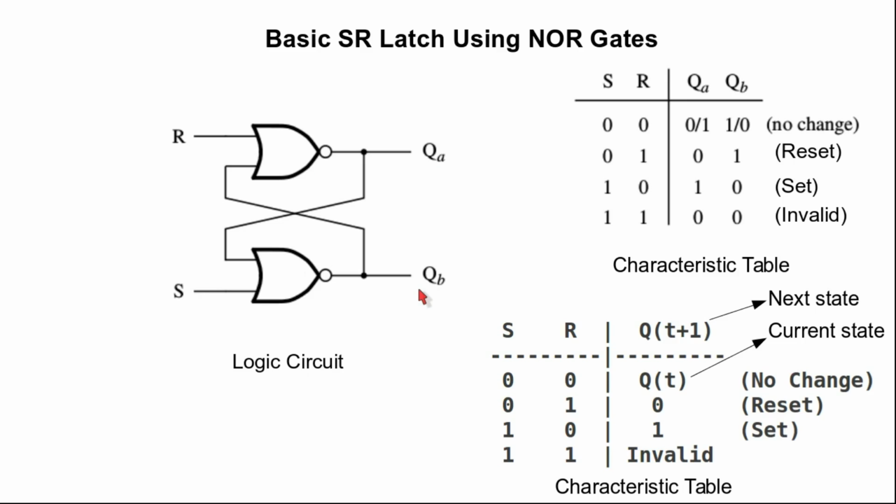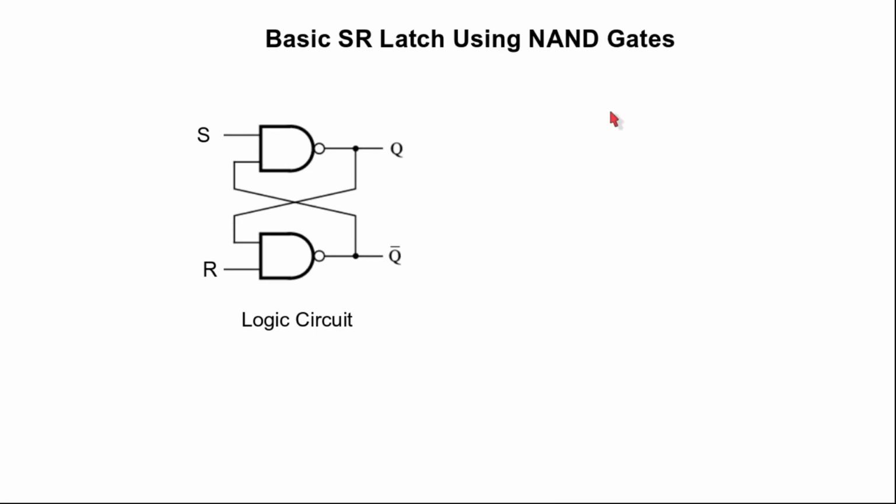But now, when implementing the basic SR latch using NAND gate, we have changed the position of the two inputs. So the NAND gate whose output is Q, we connect the S input to that NAND gate, and the NAND gate whose output is Q prime, we connect the R input to that.